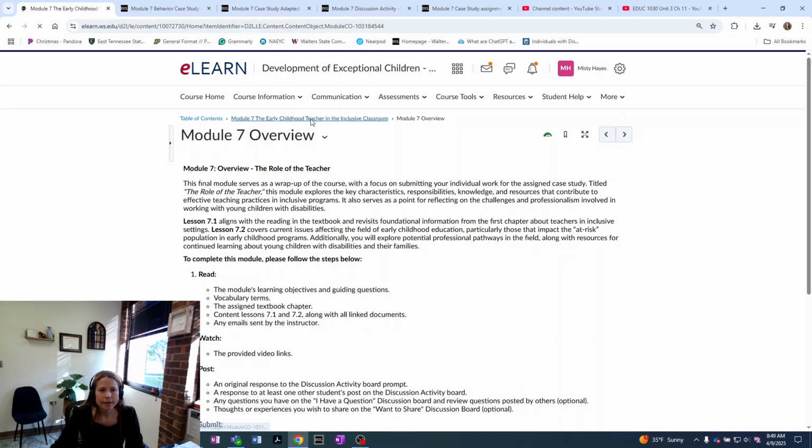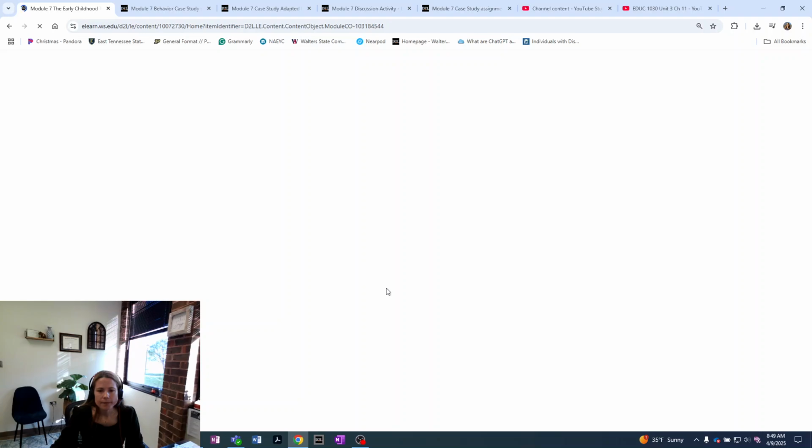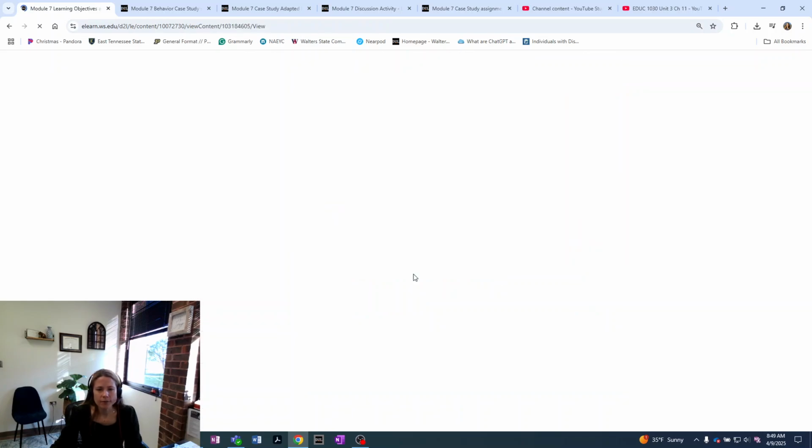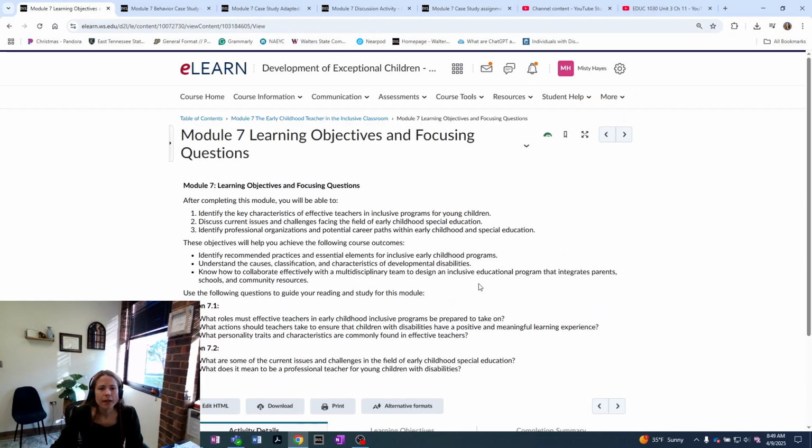So let's go ahead and look at our learning objectives and focus. After completing Module 7 with lessons 7.1 and 7.2, you're going to be able to identify the key characteristics of effective teachers and inclusive programs for young children.